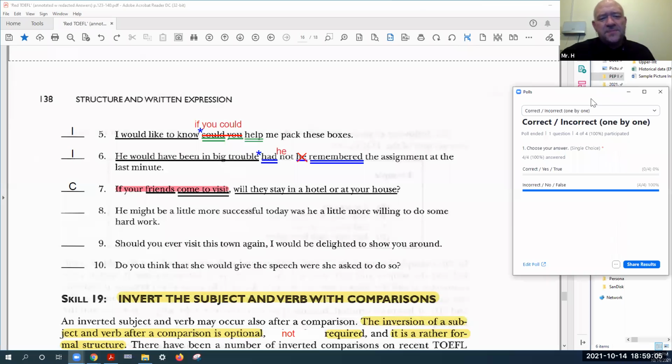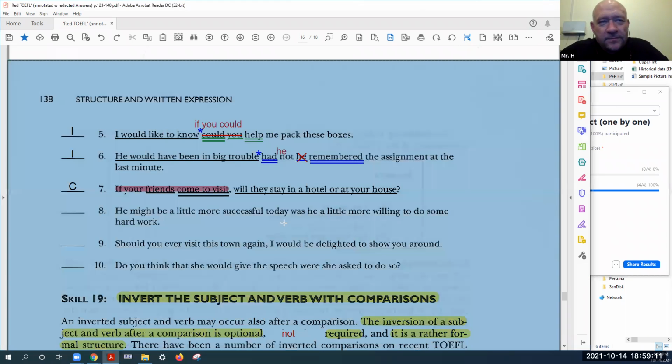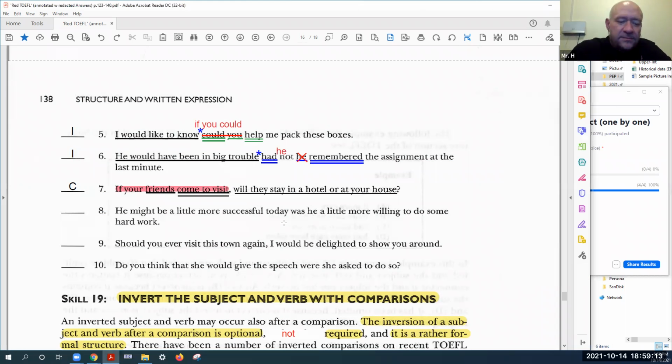So let me see. Harvey, I think it's your turn to tell us about something. Okay. The conditional starts from was. Subject here.